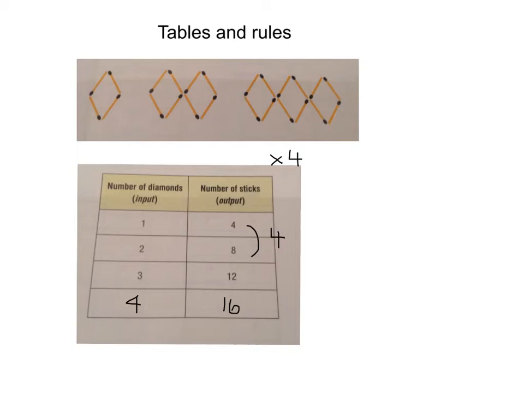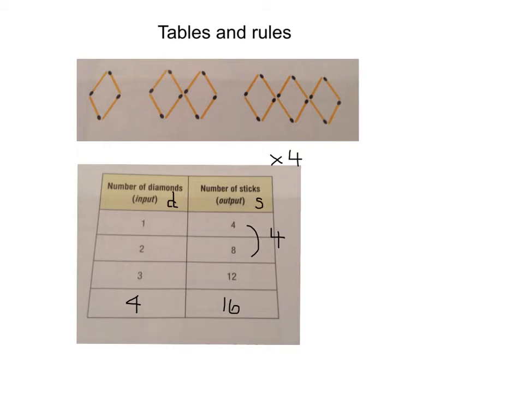So when I put 1 in, 1 times 4 is 4. Well, that works. Let's check with the next one. 2 times 4 is 8, and 3 times 4 is 12. And instead of using the number of diamonds, we were saying D, or we might have said T for term number, and we would have used the letter S for sticks.